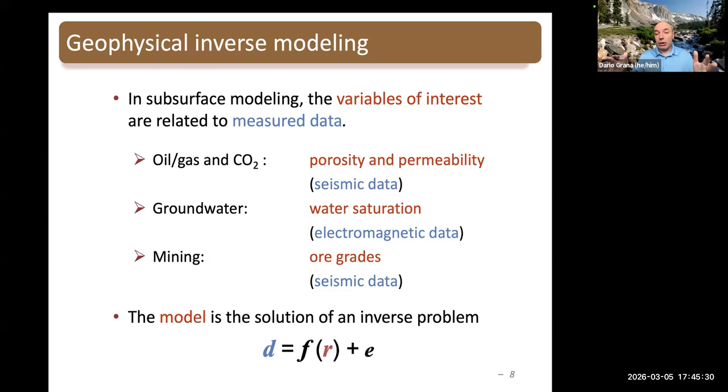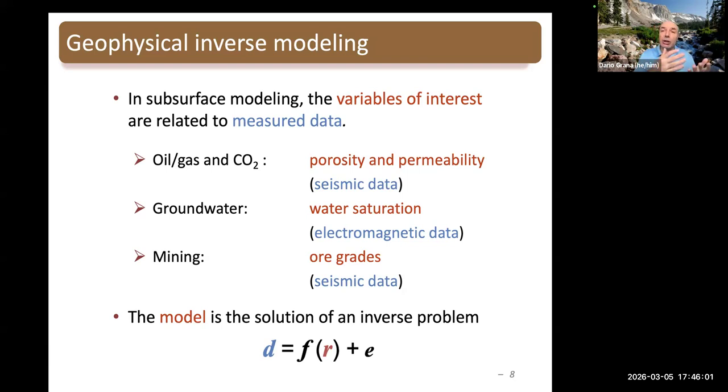We would like to be able to map these fluid paths, where the water goes, but we cannot measure directly the concentration or the volume of water at all the locations. We might have some boreholes, but typically we cannot measure exhaustively the spatial distribution of the water saturation variable. What we can measure is, for example, electrical data, and then we can take the electrical data and convert them into the water saturation. In mining, it's a similar problem.